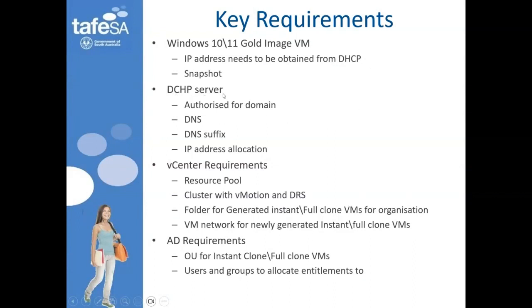We also need a DHCP server, so that's the funny thing, isn't it? If we're generating all these clients, they need to get an IP address from someone. We need a DHCP server, which is going to be authorized for the domain, and very important, it needs to have DNS suffix information because part of the instant clones or the virtual desktop is that they have to join the domain.